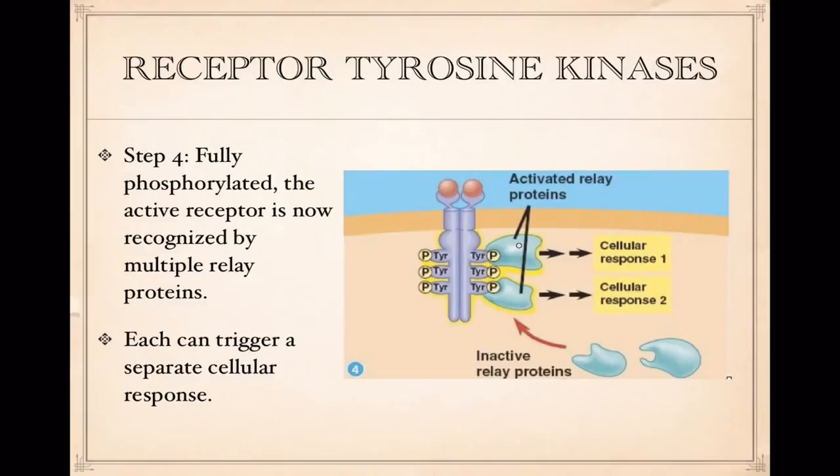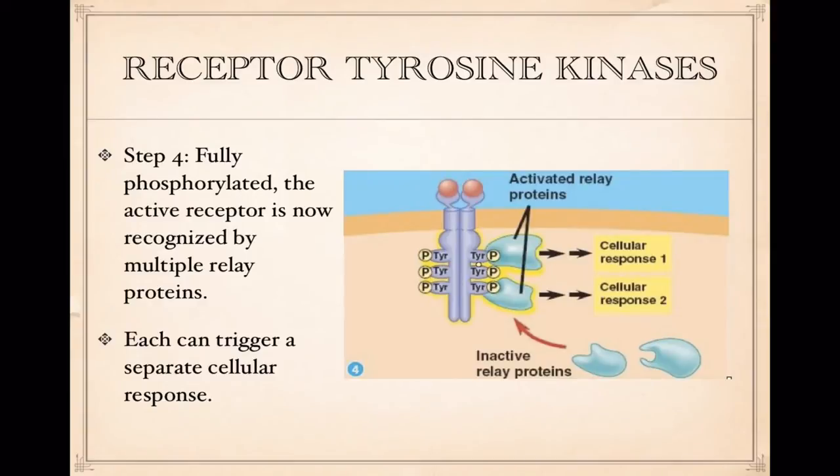For example, this relay protein could cause one response, whereas another type of relay protein could cause a second response. The idea here is the cytoplasm is full of inactive relay proteins waiting to be switched on by interacting with the fully phosphorylated tyrosine kinase system here.